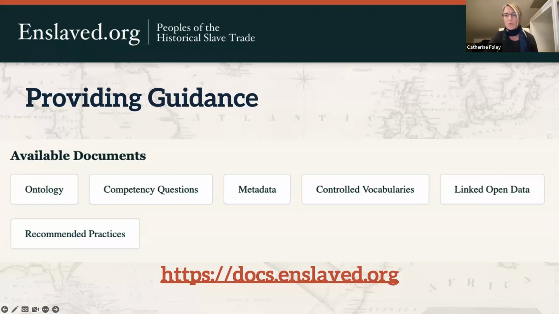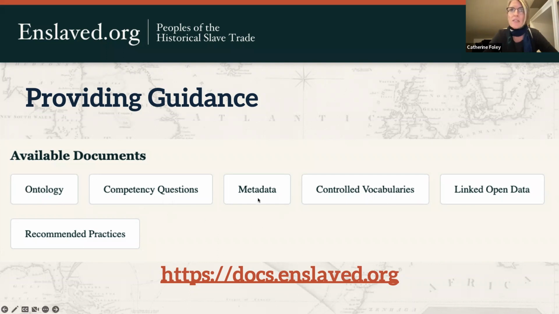So Enslaved.org also provides guidance about how to extract data from primary source materials by publishing important documents that we've been developing over the course of the project on our website. These include documents that describe and explain our data model, which is what the ontology link is here, and then competency questions that helped us design and define what the data model would look like, what kind of questions users were going to be asking and would like to have answered by the data.